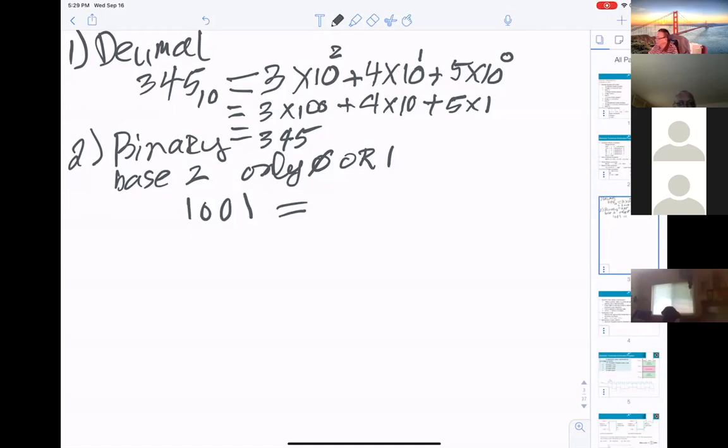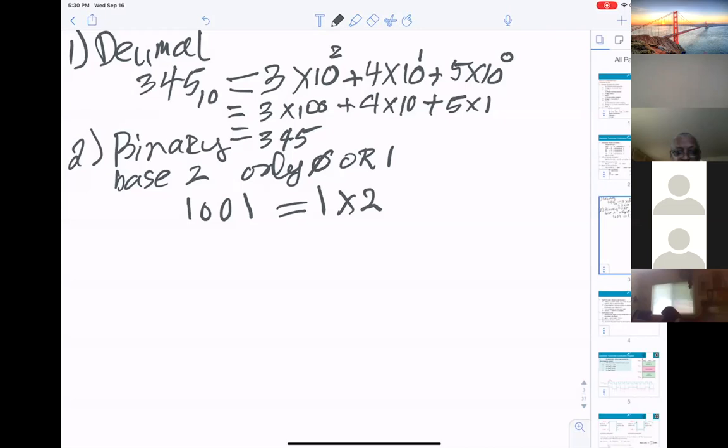The way we do it, first thing you take the number 1, you times 2 to what power? 3 power. That means you right here, and you count how many bits are left: 1, 2, 3. Power 3. Adding to the next one, 0 anyway, they be 0, we don't care.